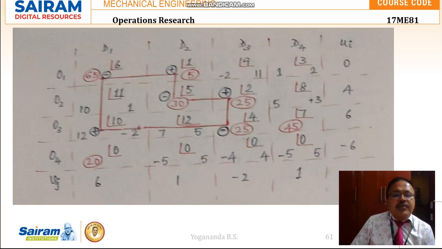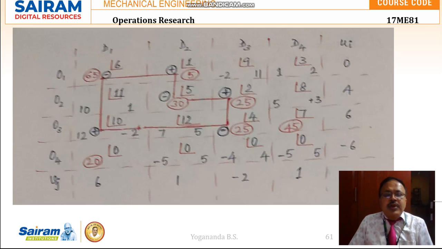Subtract 25 from 65, we have 65 minus 25, 40. Here a plus sign is there, so 25 plus 5 becomes 30. Wherever a minus sign is there in the corners, subtract 25. Wherever plus is there, add 25.